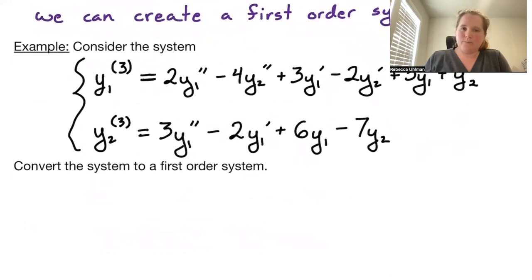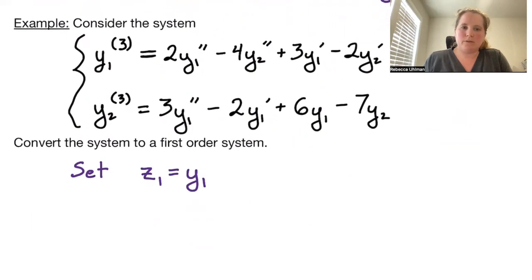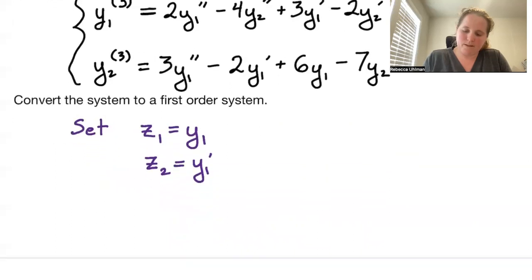So for example, we could set z1 equal to y1. And we could set z2 to be y1 prime and z3 to be y1 double prime.